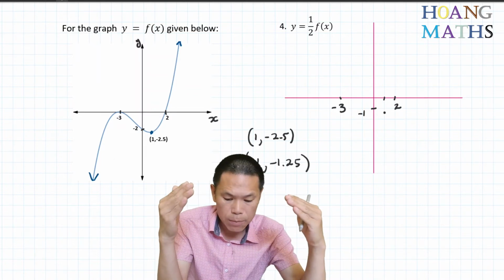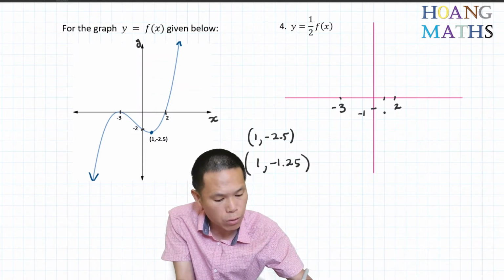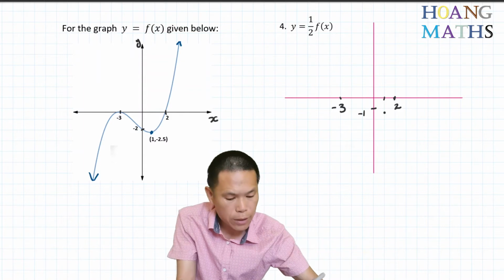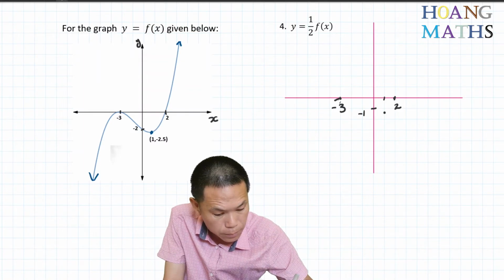So the x-intercept is 2, 0. So half of 0 is still equal to 0. So the x-intercept is still at 2. So the graph is wider. So we just turn here.